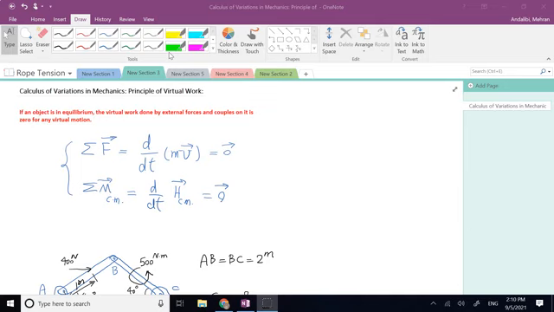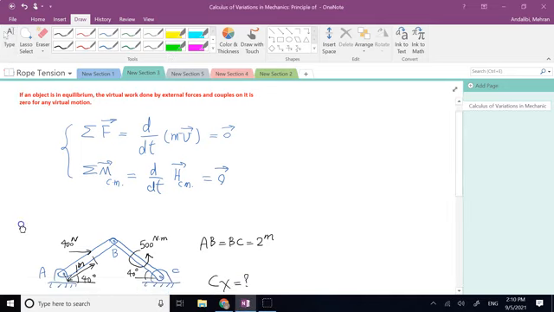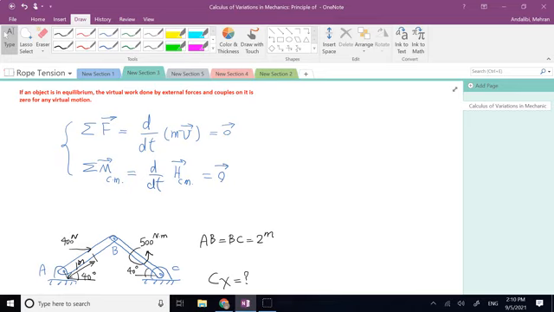So if it is a work, it has to be virtual. You assume that the system is somehow set free from equilibrium and can do some virtual motion that leads to a virtual work. It says the total virtual work done by all external forces and couples is zero, regardless of what kind of imaginary motion, virtual motion you give to the system.